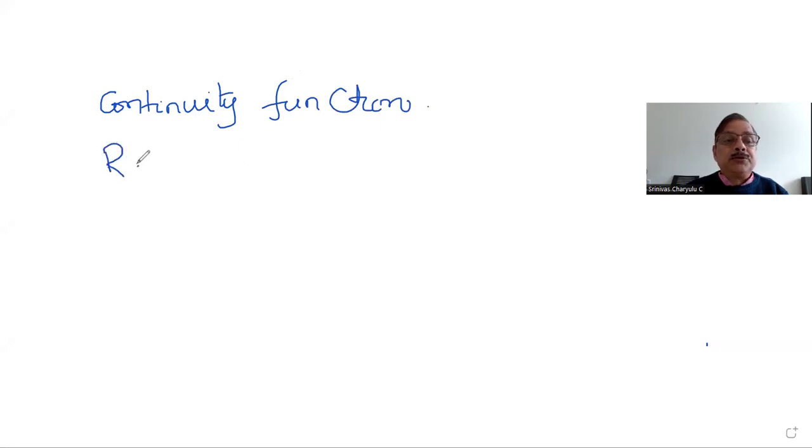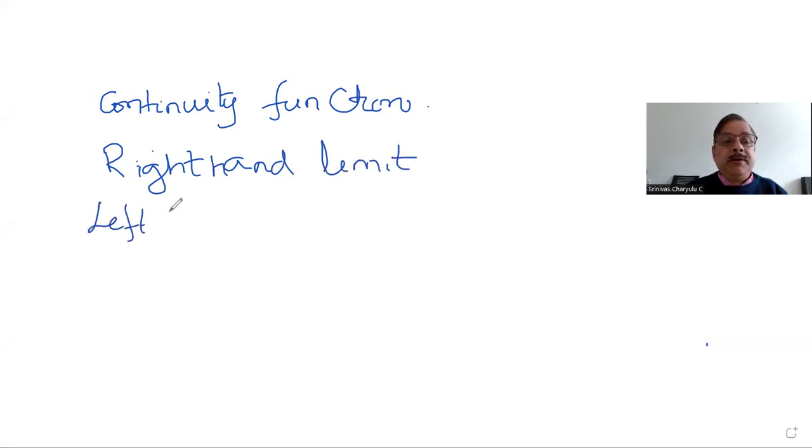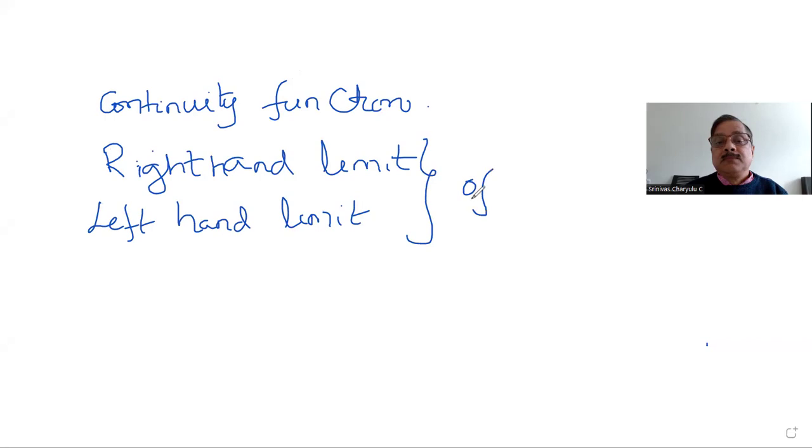We are also supposed to understand what is meant by the right hand limit, then the left hand limit of a function.